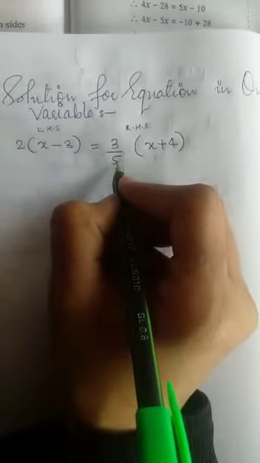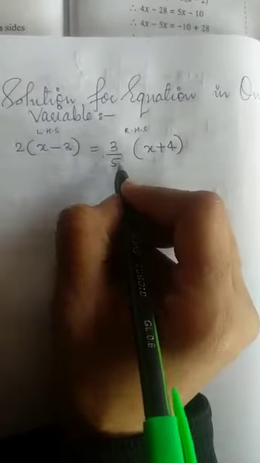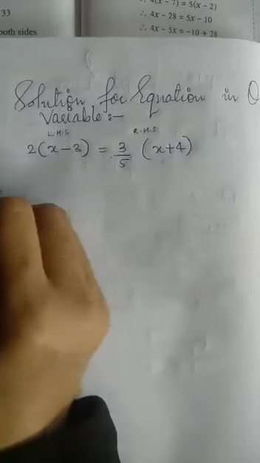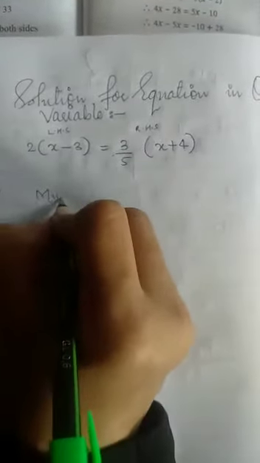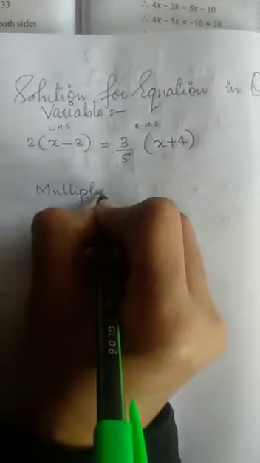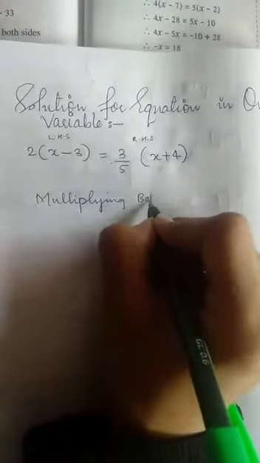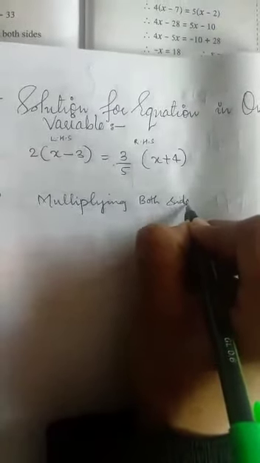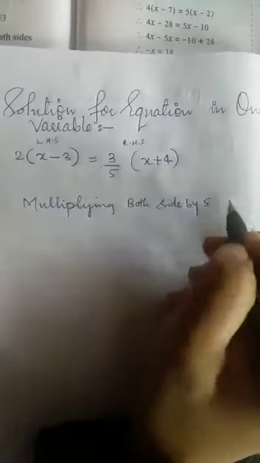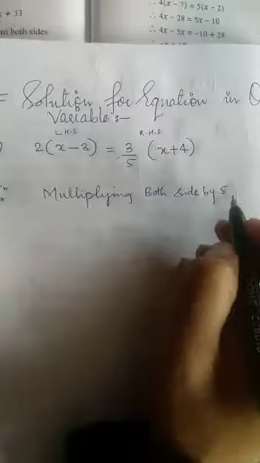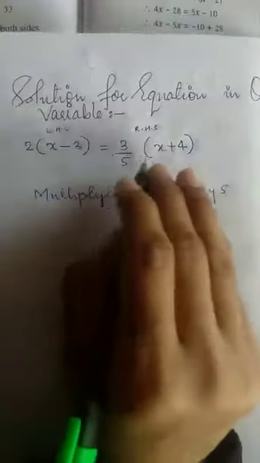We have to multiply both sides by 5 to remove this 5 at the RHS, and the LHS too. Multiplying both sides by 5.